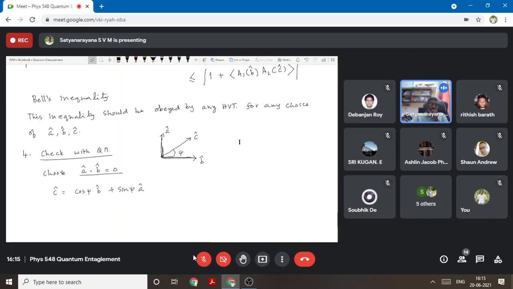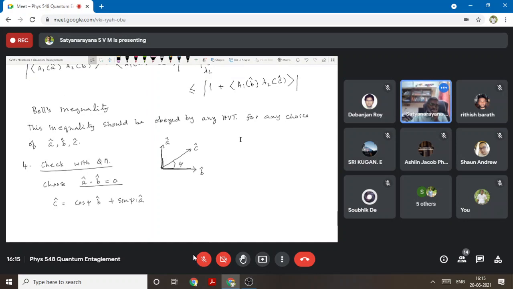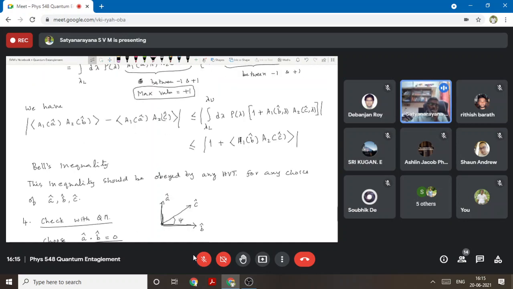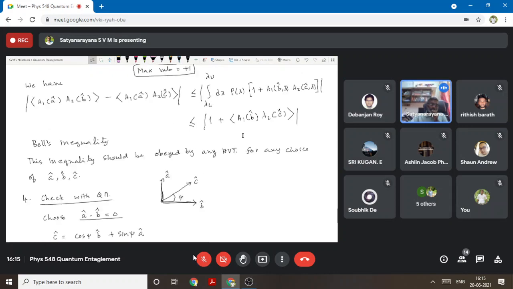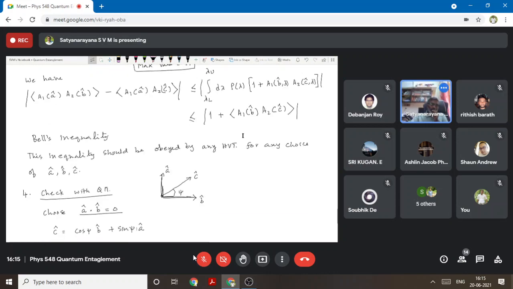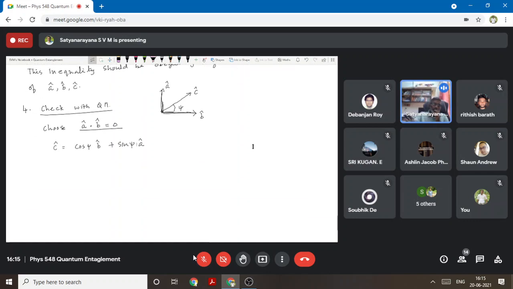Suppose I am choosing it like this, then I go back and calculate the left hand side and right hand side of Bell's inequality.